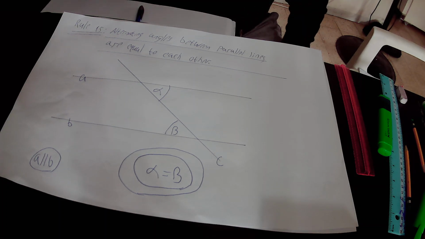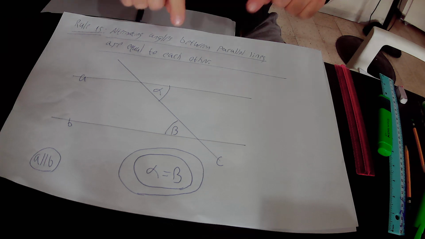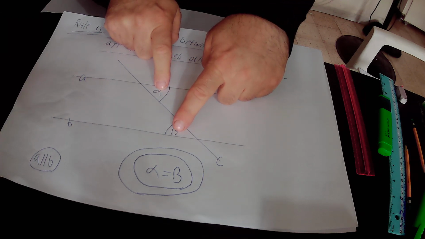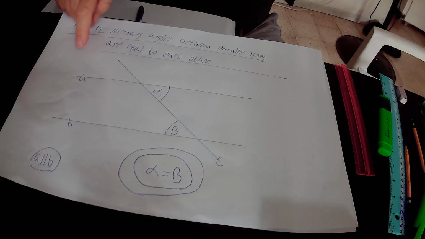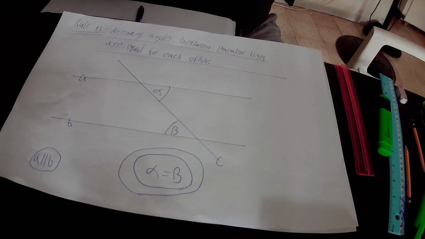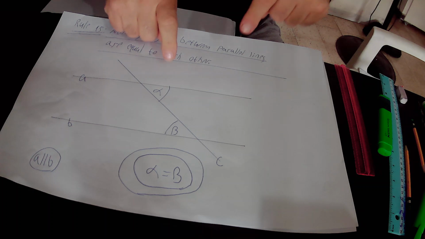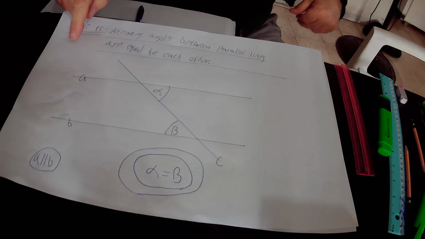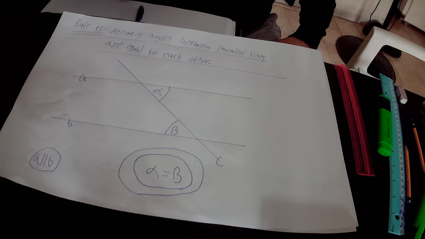So in the drawing, this is line A, parallel to this line B. In addition, we have these two angles that are defined as alternating angles, located between the parallel lines A and B. Whenever we work with two alternating angles located between parallel lines, they must be equal to each other. That is to say, alpha equals beta.